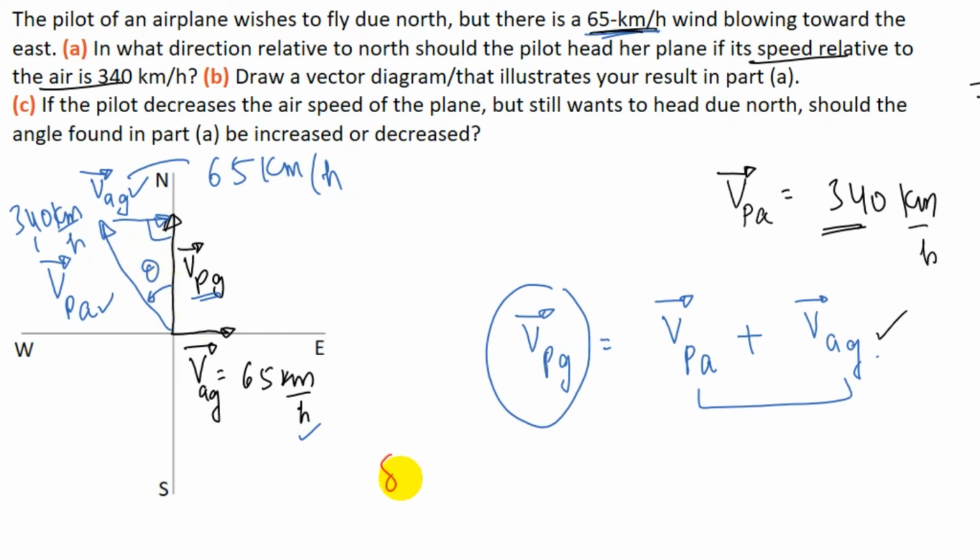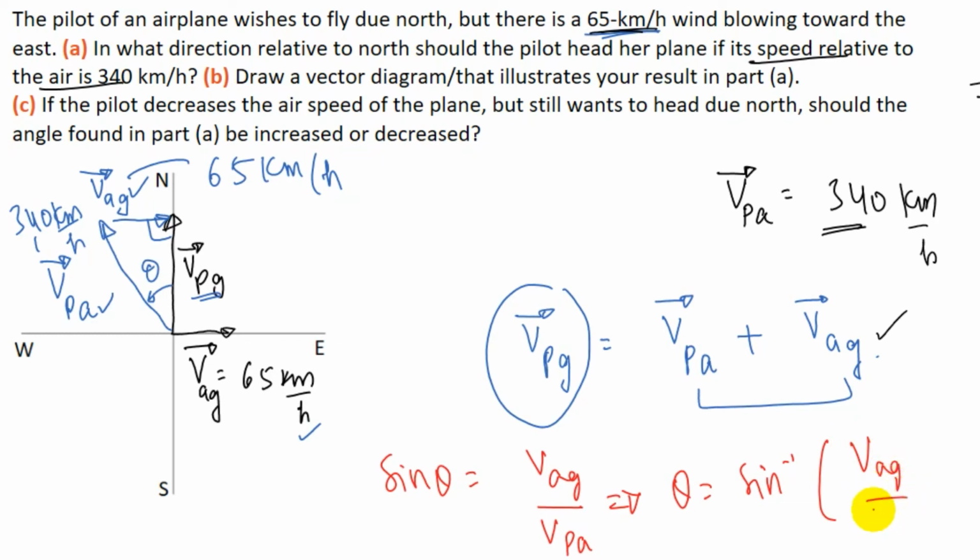You can simply write that sine theta is the perpendicular over the hypotenuse. Perpendicular we have VAG, hypotenuse we have VPA. So from here, theta equals sine inverse of VAG over VPA.